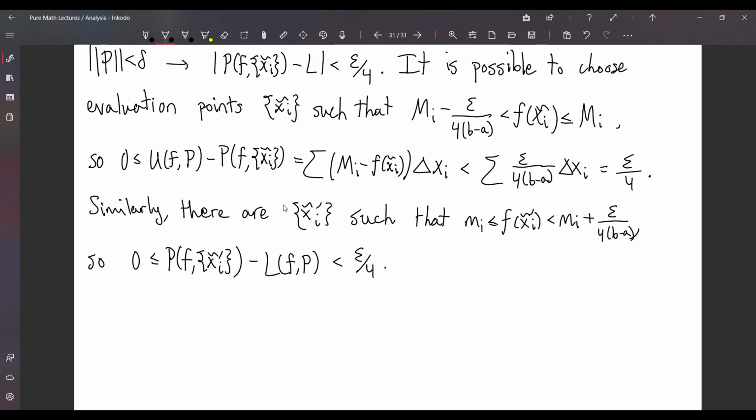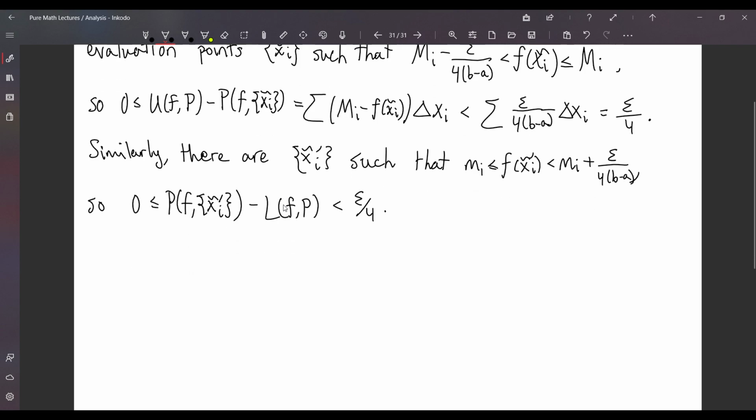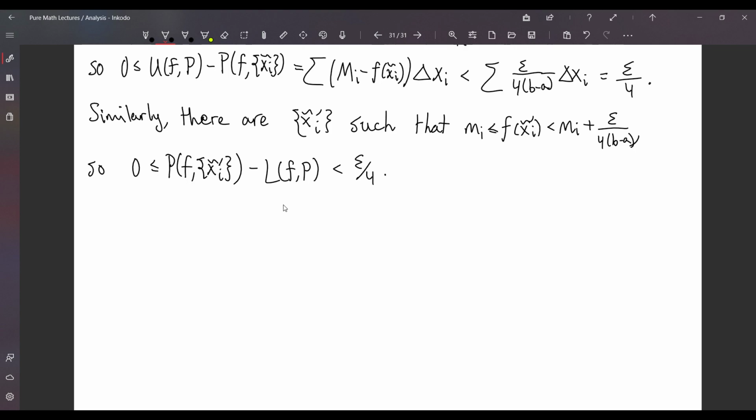Okay. It's essentially the same calculation as above, just with small m sub I. So now we apply the triangle inequality.